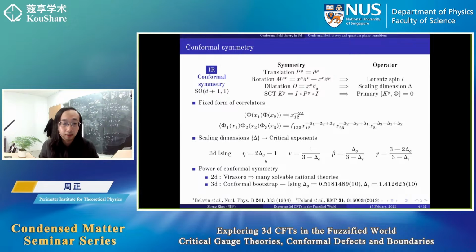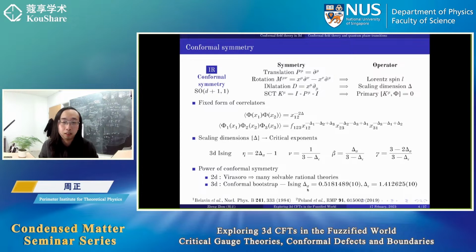So the conformal symmetry is very powerful. In 2D, besides the global conformal symmetry, there exists an infinite-dimensional algebra called the Virasoro algebra, which leads to many exactly solvable rational theories. In 3D, although the CFTs are not exactly solvable, the conformal bootstrap still places very rigorous bounds on the scaling dimensions.